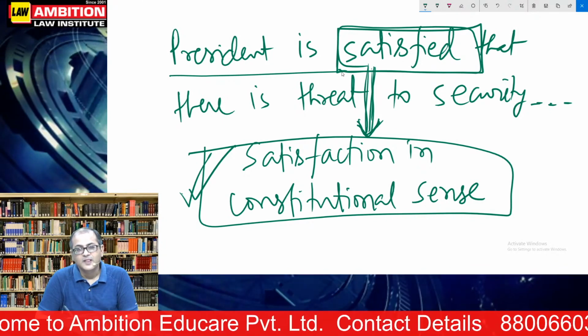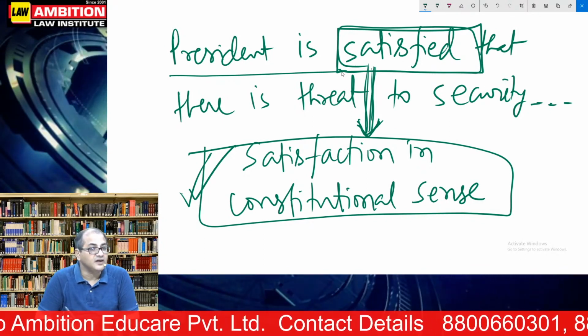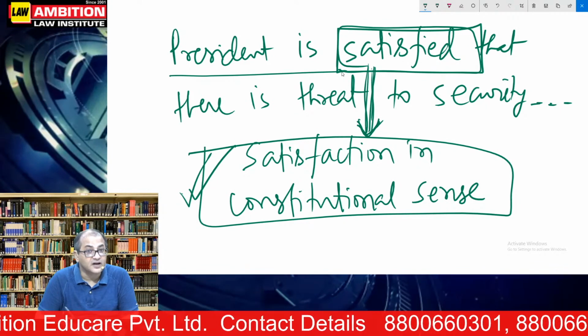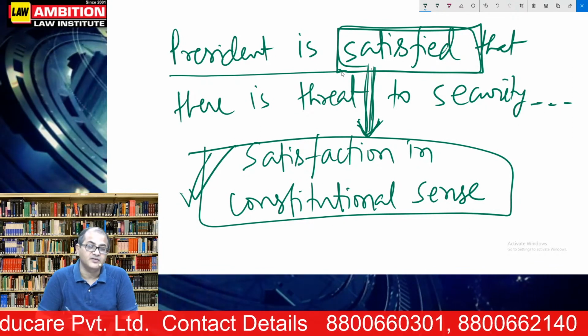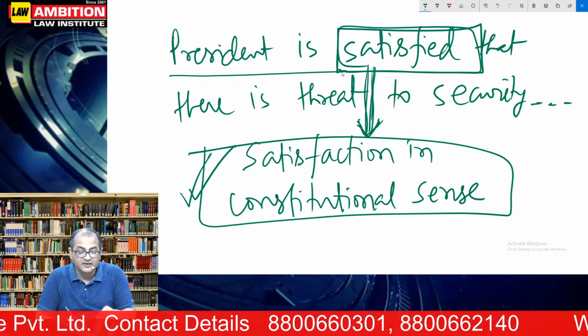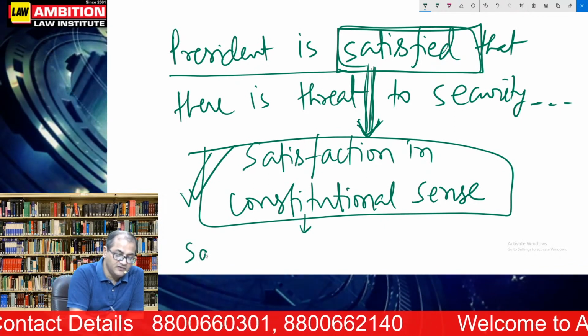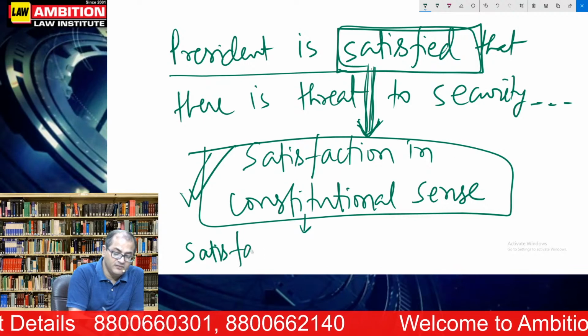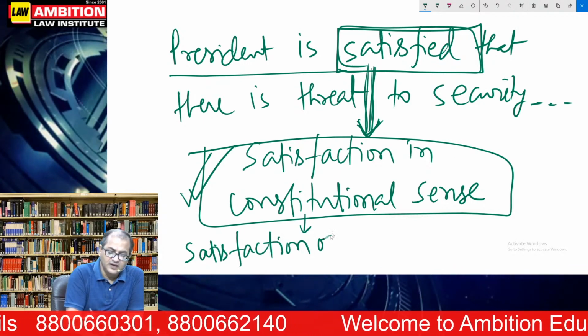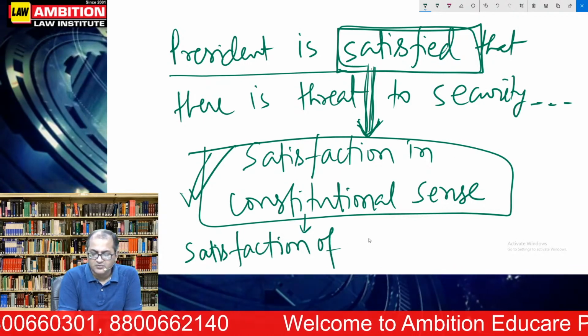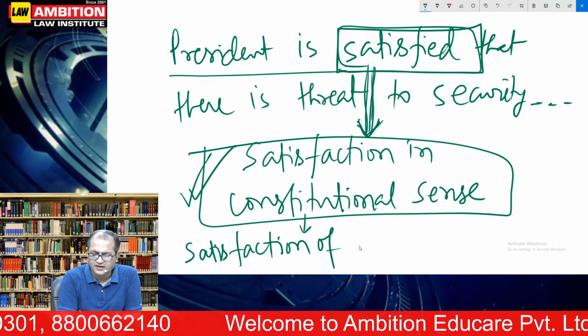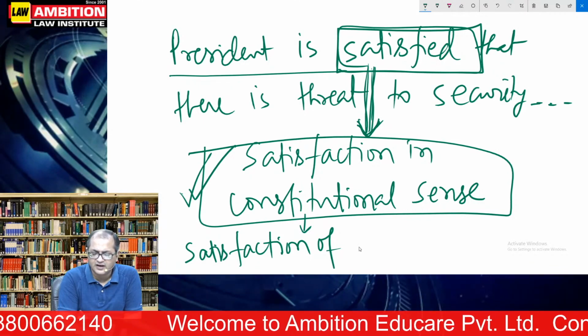I must tell you, it is satisfaction on the aid and advice of Council of Ministers headed by Prime Minister. So it is not president's satisfaction. Satisfaction in constitutional sense means satisfaction of wherever it is written. Now many people will argue wrongly. It is not president's personal satisfaction.